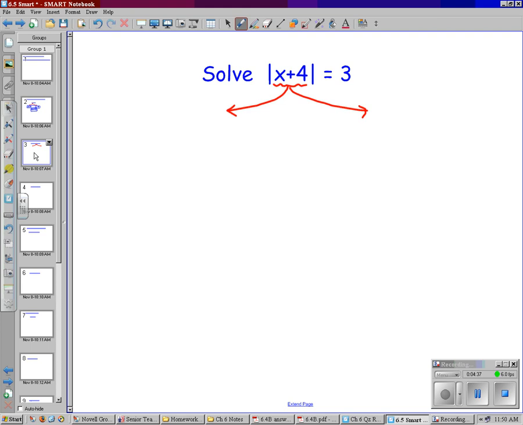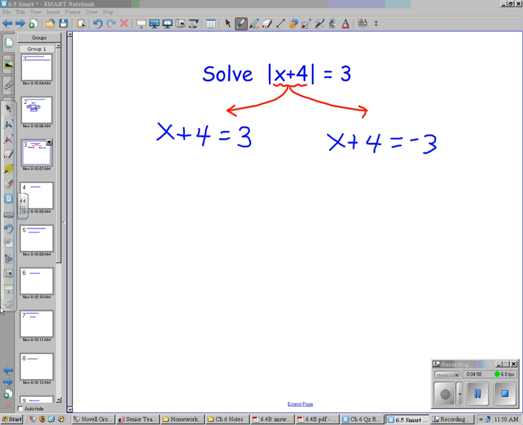Okay, if you want to have your red pen out and draw some little arrows for yourself, that's probably not a bad idea. So we're going to write down the x plus 4 either has to be equal to the positive 3, or what's inside those absolute value bars has to be equal to a negative 3. We have to get both scenarios, both possibilities.